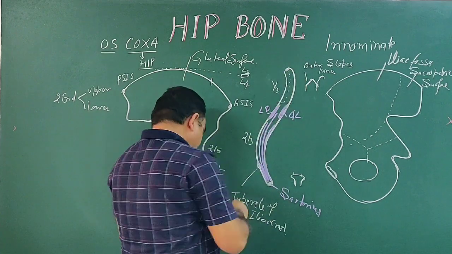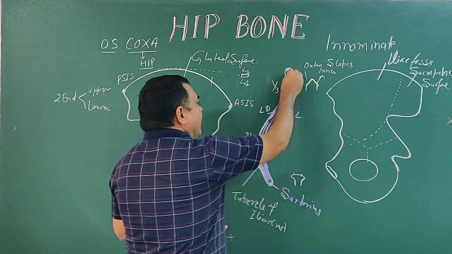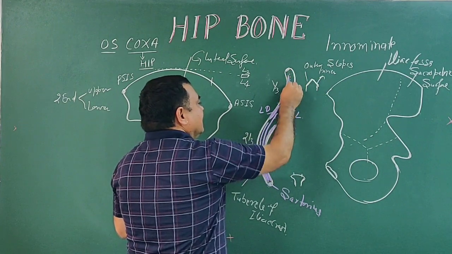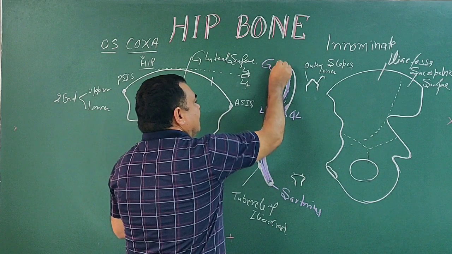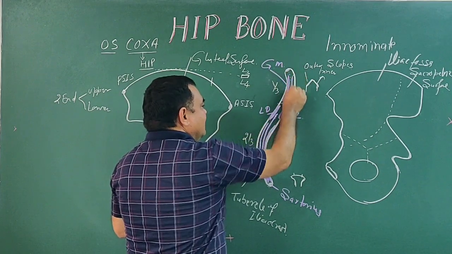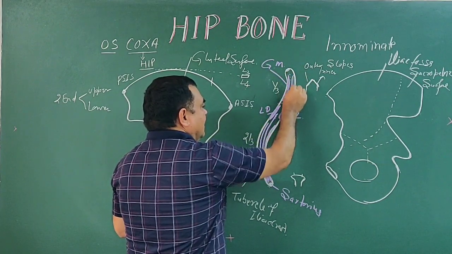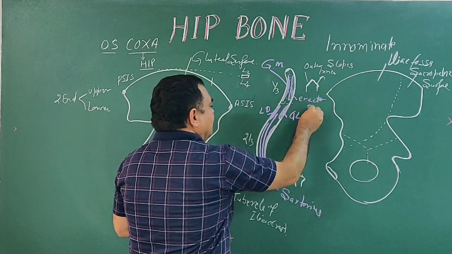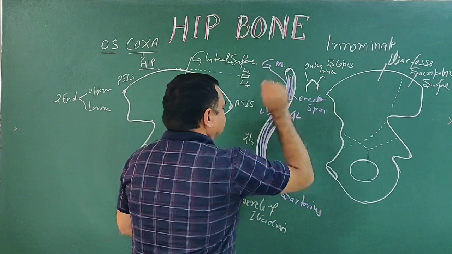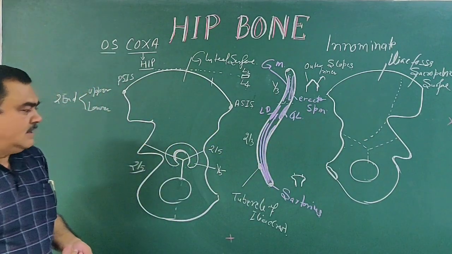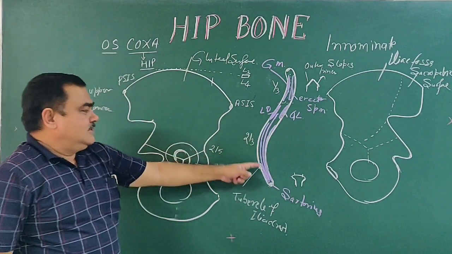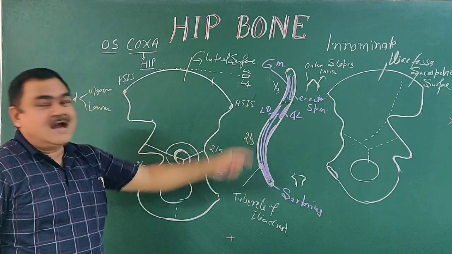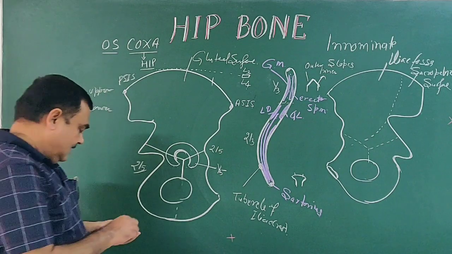In the outer slope, gluteus maximus, and in the inner slope there is erector spinae. So this is the iliac crest, and these are the muscles attached to the iliac crest.